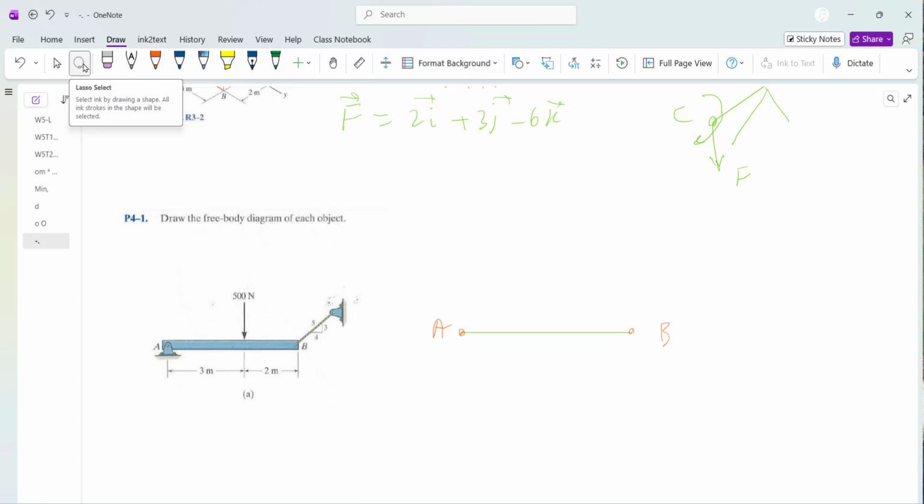Alright, so the only external force here is 500 Newton. I would include that 500 Newton exactly 3 meters from point A. And then if I want to open up that confinement or constraint, because this is a hinge, it prevents point A moving in the X direction and the Y direction, but it's free to rotate.